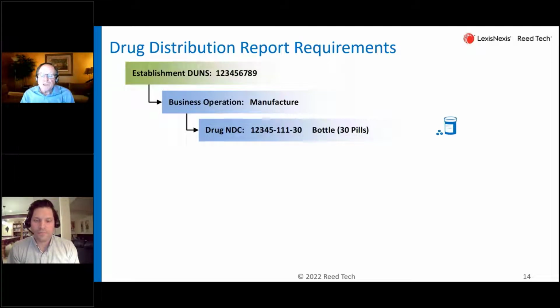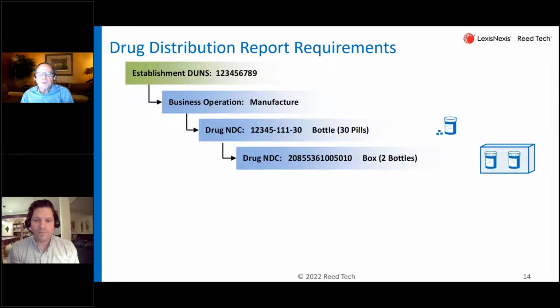Now I might actually sell that bottle, so I would have to report that as well on a separate line item. But in many cases you have a package hierarchy. So you might place two of those bottles in a box, and that would actually be a different drug NDC number.